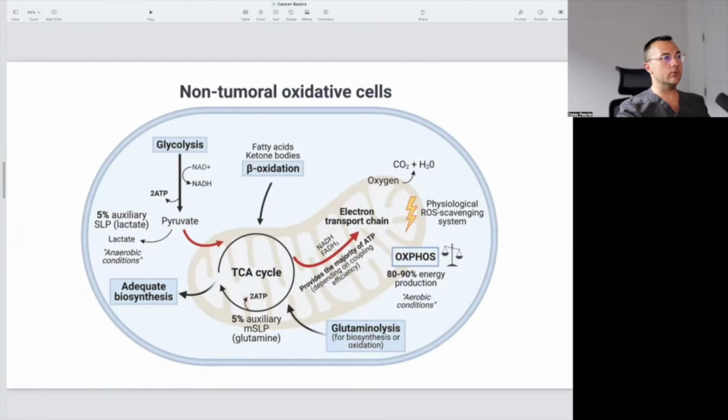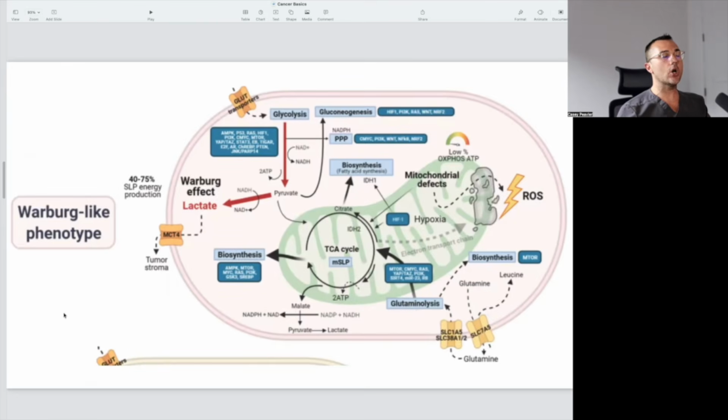Normal cells have good mitochondria, they have oxygen, they are metabolically flexible, and these cancer cells are not metabolically flexible, they don't have good mitochondria, and they don't have oxygen. So when we know what separates them from us, then we can use those differences against them. And that is the basis for not only the mitochondrial metabolic theory of cancer, but it's also the basis for ketogenic metabolic therapy or press-pulse metabolic therapy as also proposed by Seyfried.